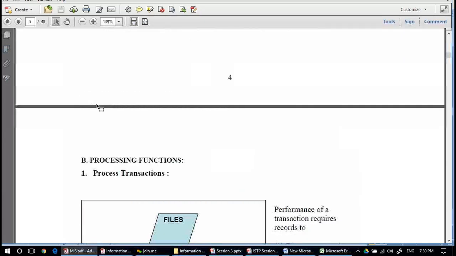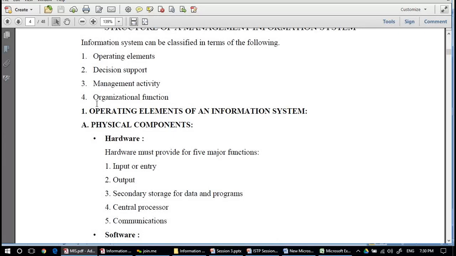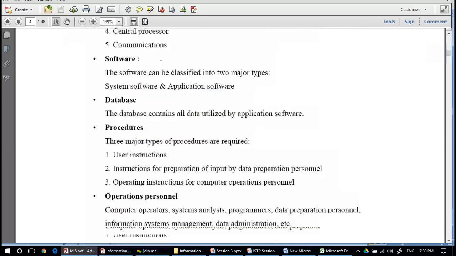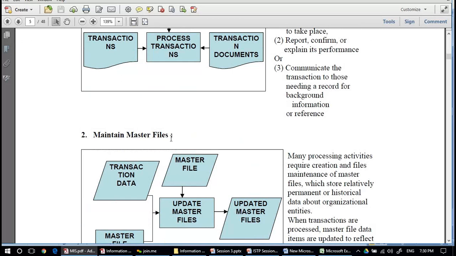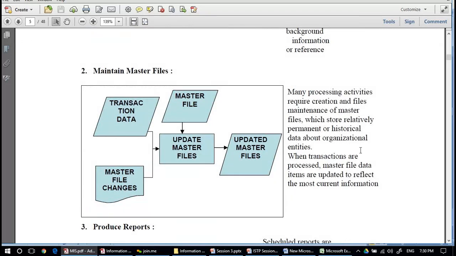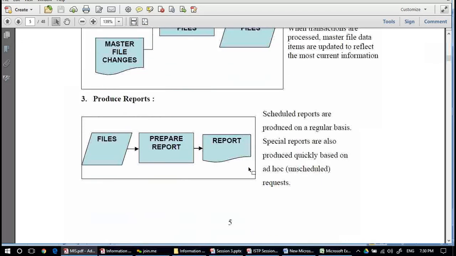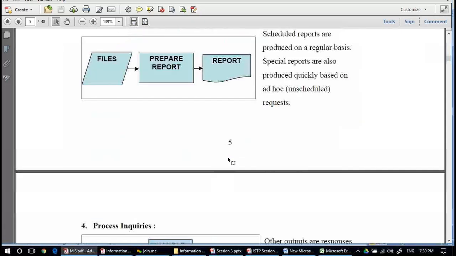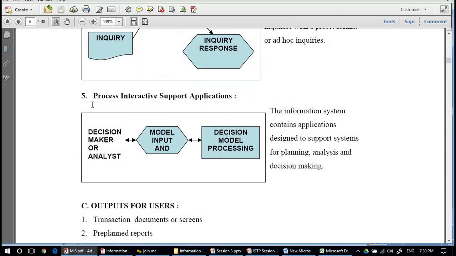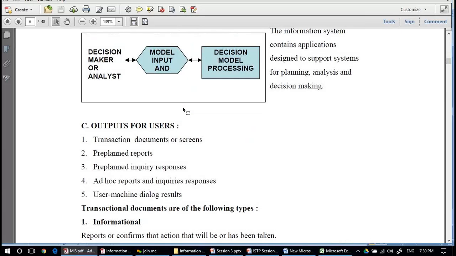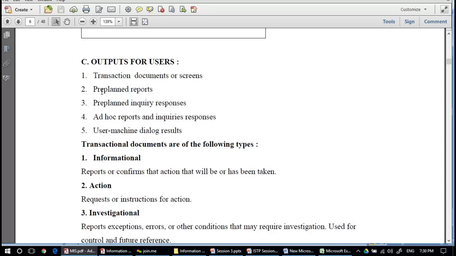and probably that functionality, those operating elements could involve the processing functions like processing transactions, maintaining master files for the particular transactions, producing reports, producing inquiries, processing the inquiries, interactive support applications, and outputs to the users.